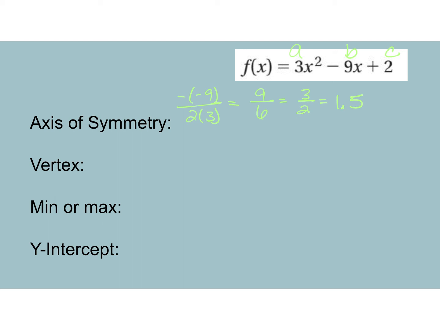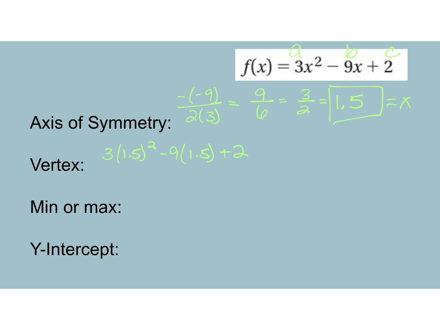So now that I know my axis of symmetry is 1.5, I'm going to take that value, remember this is x, and I'm going to substitute that. So we have 3 times 1.5 squared minus 9 times 1.5 plus 2. Of course, a calculator comes in super handy here.